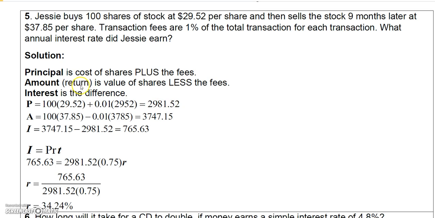Now, here's where the tricky part is. His return is the value of his shares less the transaction fee. And here's why. Think about it like this. Let's say that you want to cash in those shares and they're now worth $37.85 a share. So you sell those 100 shares and you should get $3,785, right?